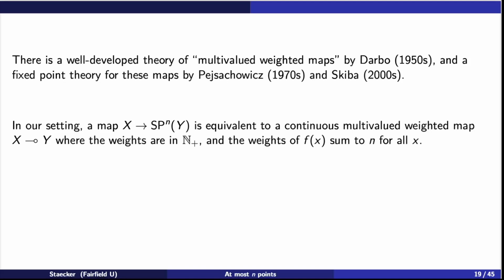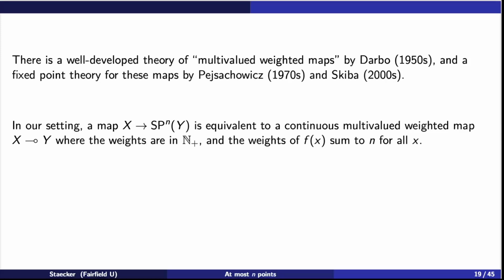And in the setting that I'm talking about, I believe that a map into the symmetric product is equivalent to one of these multi-valued weighted maps where the weights are required to be positive natural numbers. So the general theory of weighted maps allows the weights to be any weights from any ring or something like that, but if you consider only weights which are natural numbers, then you will get the same thing as what I've been talking about, these symmetric product maps.